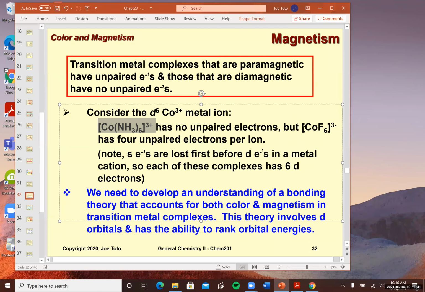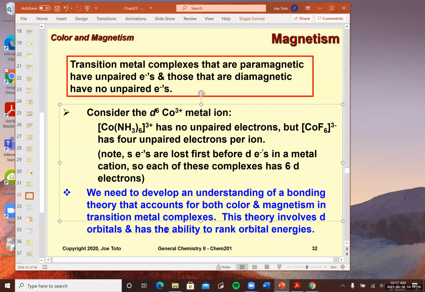As opposed to this cobalt compound with the fluoride, which has 4 unpaired electrons. I can do this experiment because I can put that compound in a magnetic field and see that it deflects. By the amount that it moves in that magnetic field, I can calculate the number of unpaired electrons. It's called a Gouy balance.